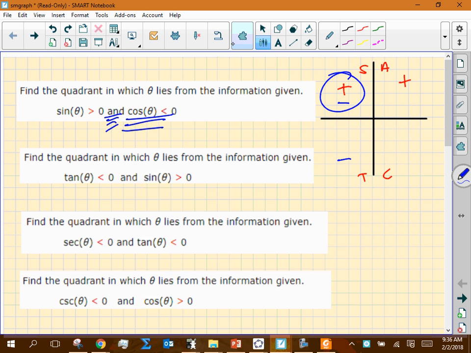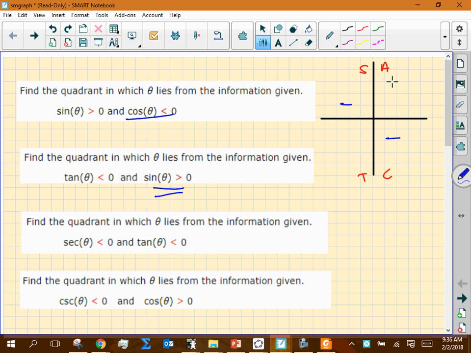Okay. If we do the same thing with tangent, tangent of theta is negative. Okay. So tangent is negative in this quadrant and this quadrant, right? Remember, these letters are for the things that are positive in those quadrants. And then this says sine is what kind of number?